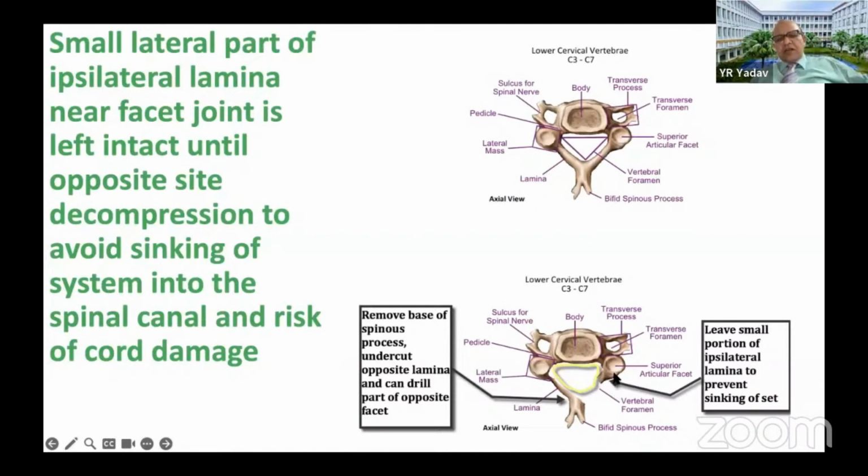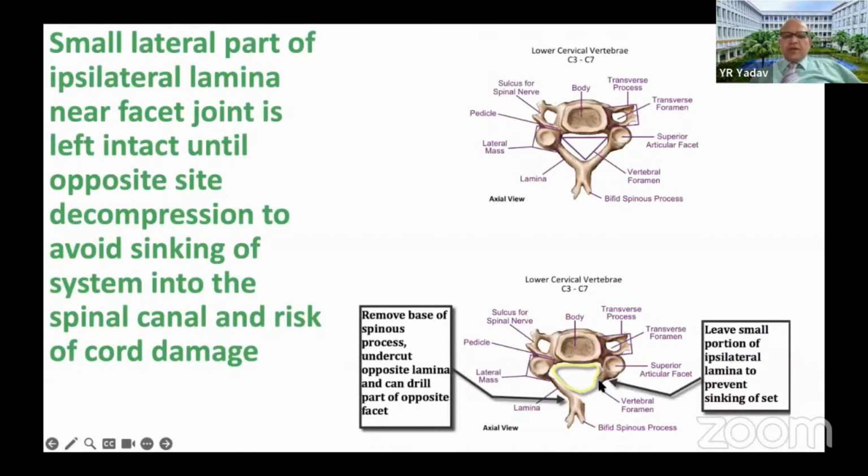If I don't leave this piece, there may be a chance that the tubular retractor, if you use a smaller size, 15 millimeter or even 10 millimeter, may go inside and cause damage to the cord. This bone is hardly 10 millimeter.